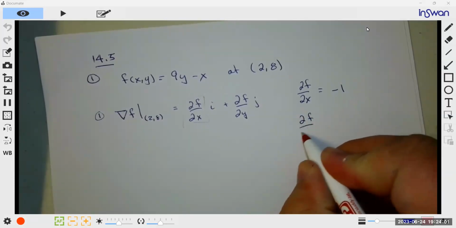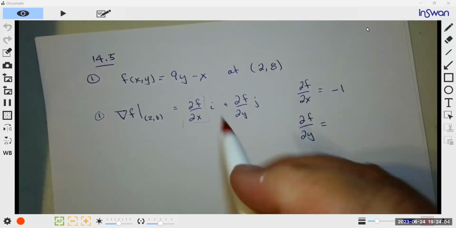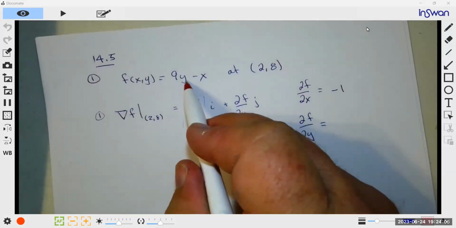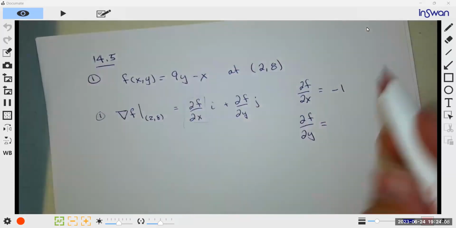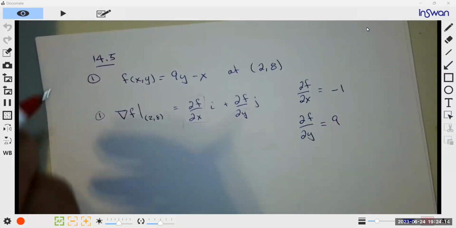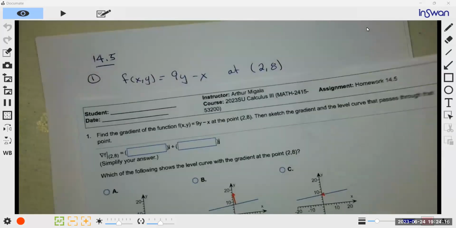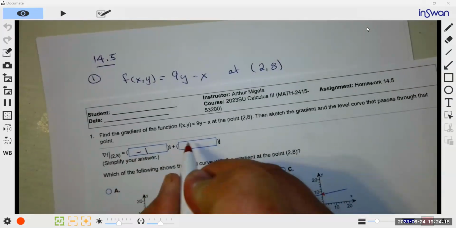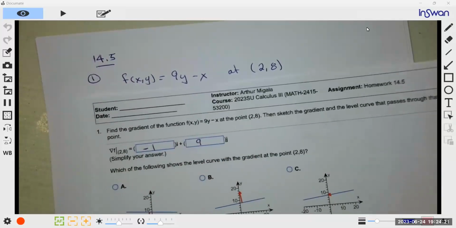The partial with respect to y, that's a constant that disappears. Derivative of y is 1, so it's 9. So those are our first two, -1, 9.